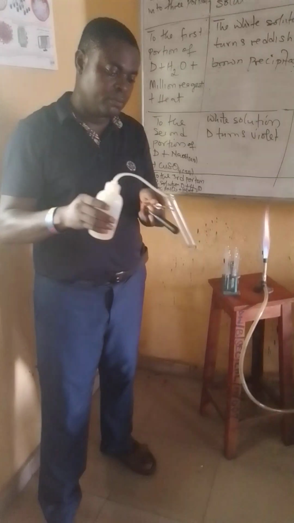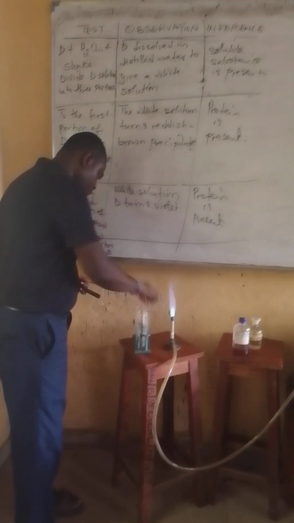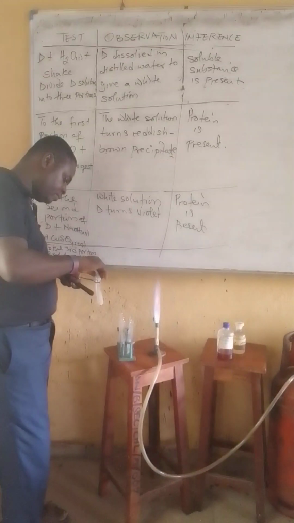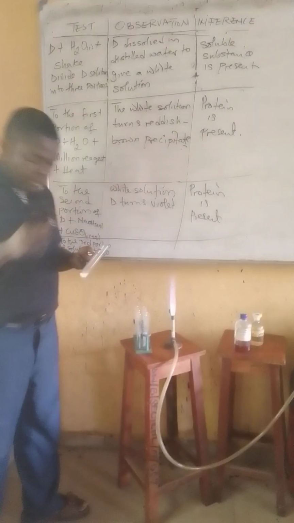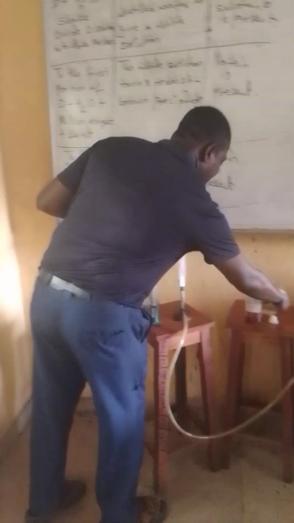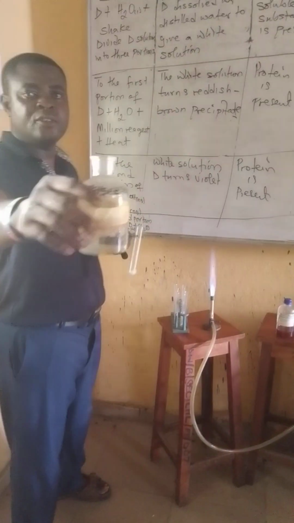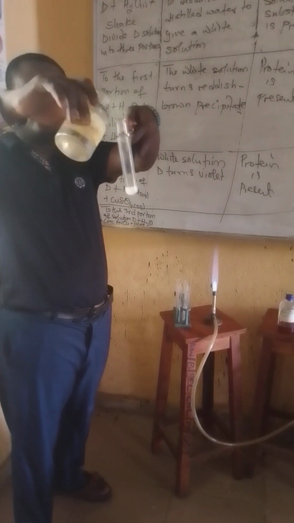Let me rinse this. Okay, now I want to add concentrated trioxonitrate(V) acid. You can see some fumes coming out from the bottle, conc HNO3.